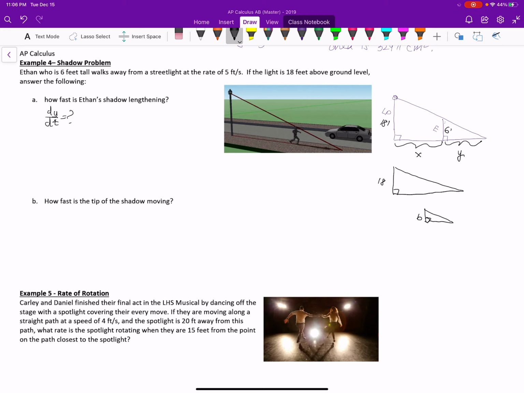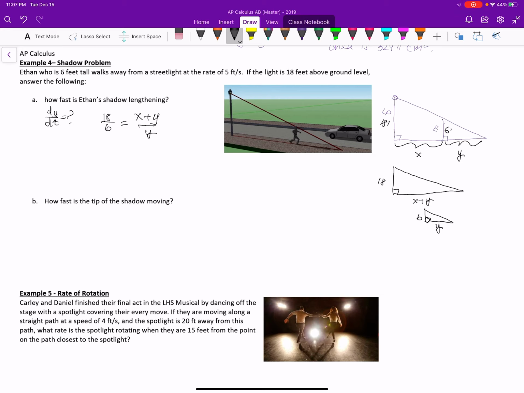The whole length on the big triangle is x plus y, and the corresponding length in the small triangle is y. So I can set up a proportion that says 18 over 6 is equal to (x plus y) over y. Or you could do 18 over (x plus y) is equal to 6 over y, whichever you like.